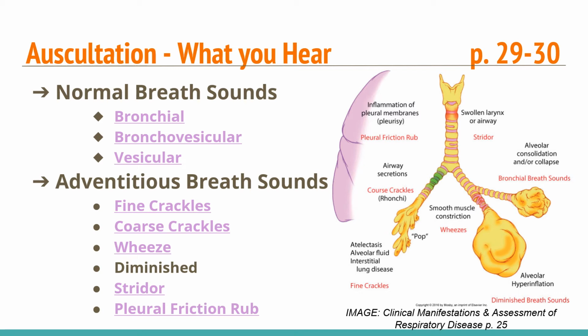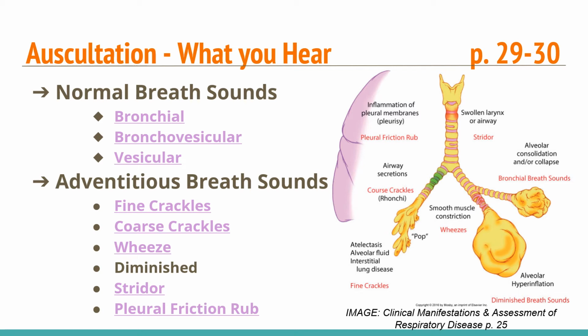So on the diagram there on the lower right, and adventitious breath sounds. Anything that wouldn't be obviously bronchial, bronchovesicular, or vesicular is referred to as adventitious. I'm having a rough day today talking. So crackles, and then trying to figure out if they're coarse or fine crackles, wheezes, inspiratory, expiratory.